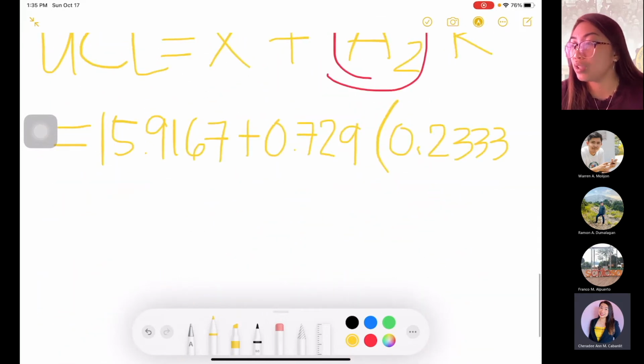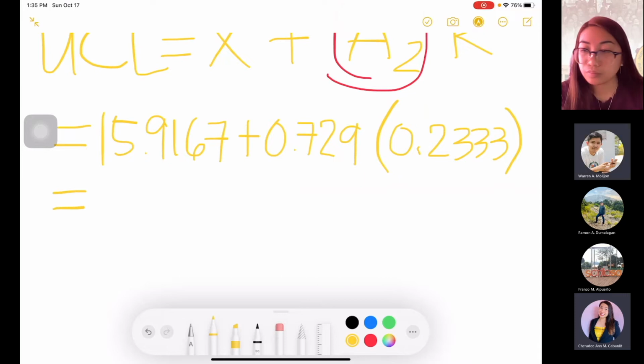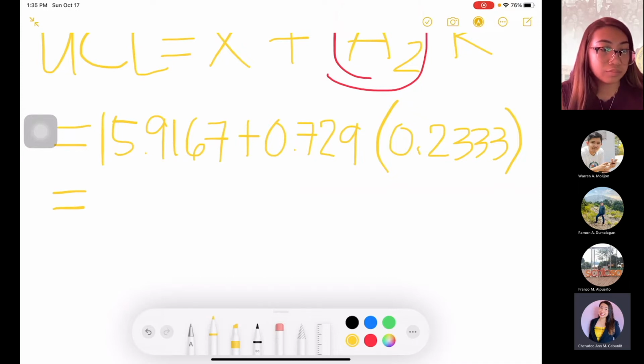How much is this, guys? Can you solve? Okay. So your UCL is... Do we have the same answer?